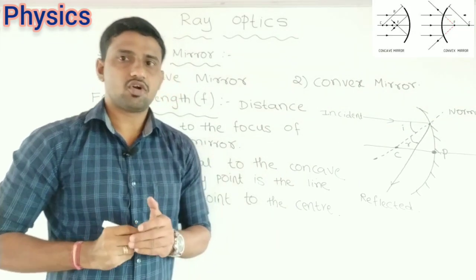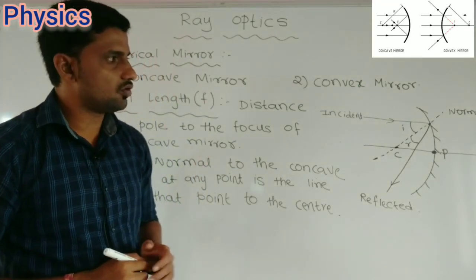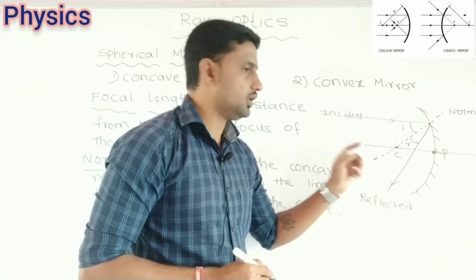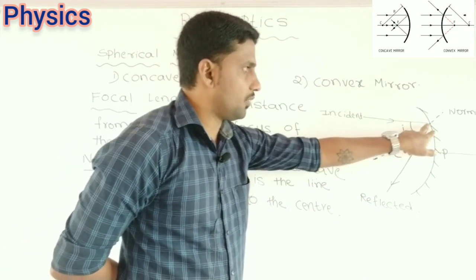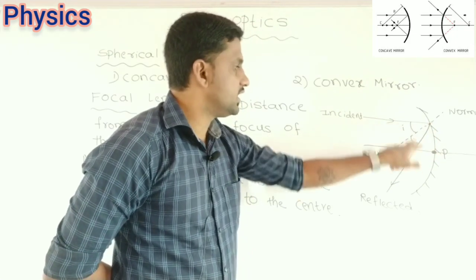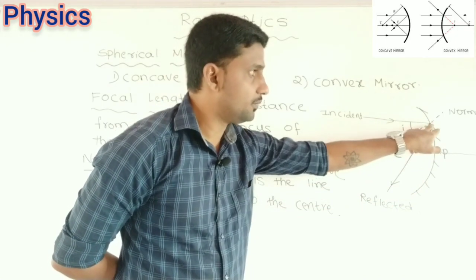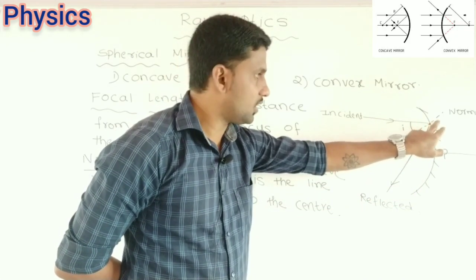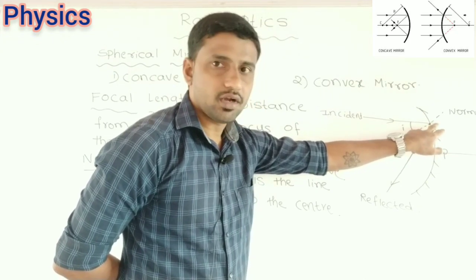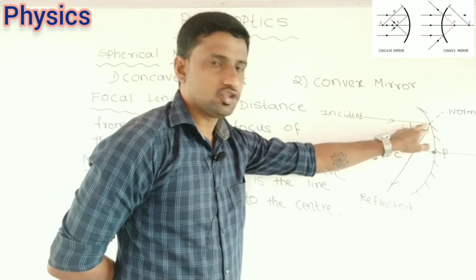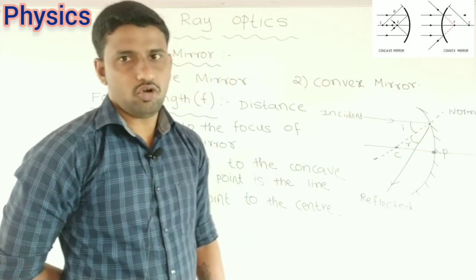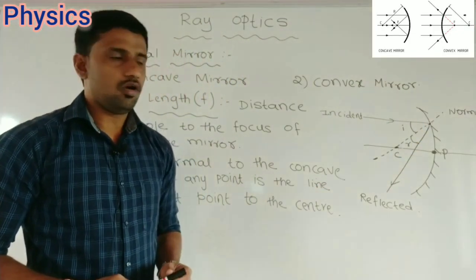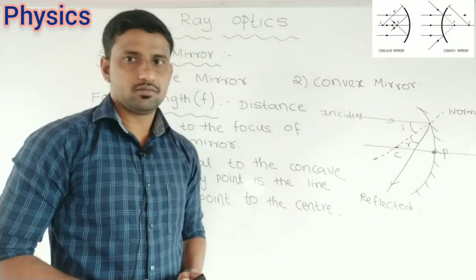Like that, we draw the normal in the case of a concave mirror. We take a normal from the point at which the incident ray and reflected ray meet on the surface. From that point, we draw one line, and that line should pass through the center, and that line is called a normal. That is about the normal of the concave mirror.